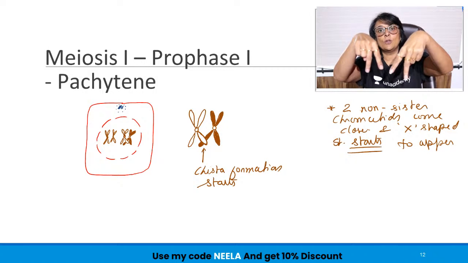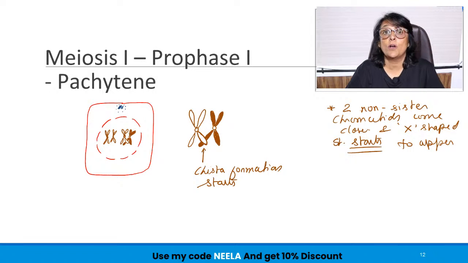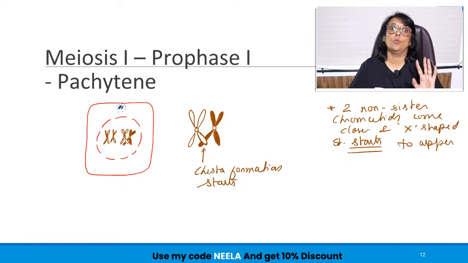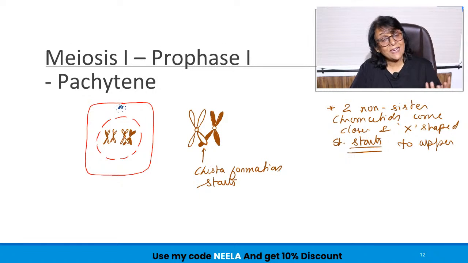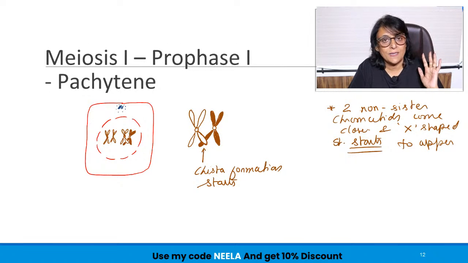When we are talking about the lower side, again the crossing over will take place. So there are 4 possible places where crossing over can take place, but the most common number is 2. But maximum, theoretically, it can be at 4 places. But normally what is most commonly seen is at 1 or 2 places where crossing over takes place.